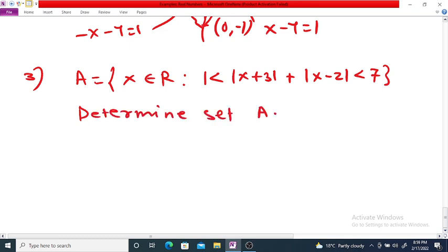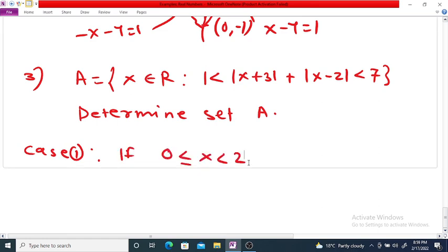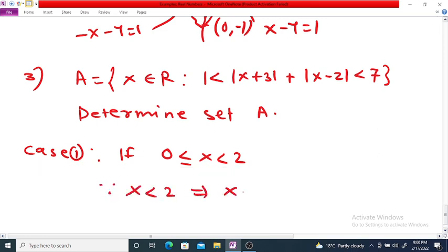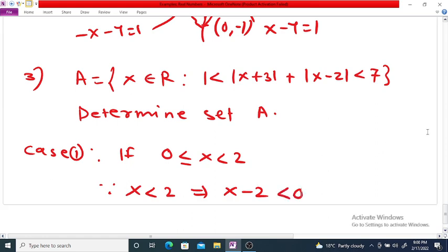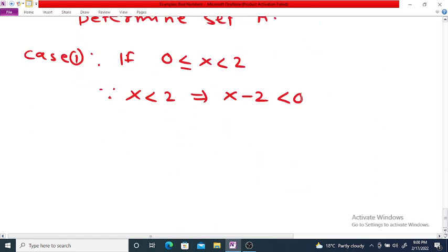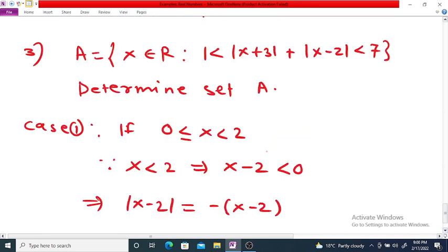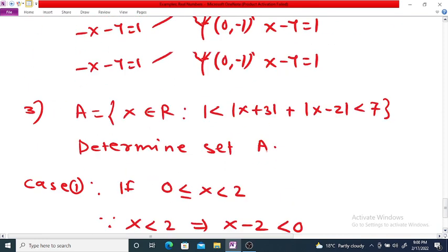Now here the first case, case number 1: if 0 ≤ x < 2, then in that case, since x < 2 implies x − 2 is less than 0, therefore mod of x − 2 is equal to −(x − 2).